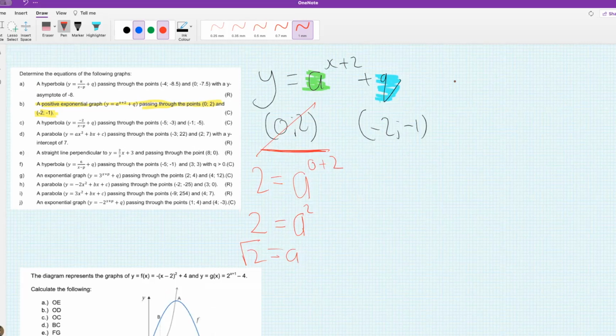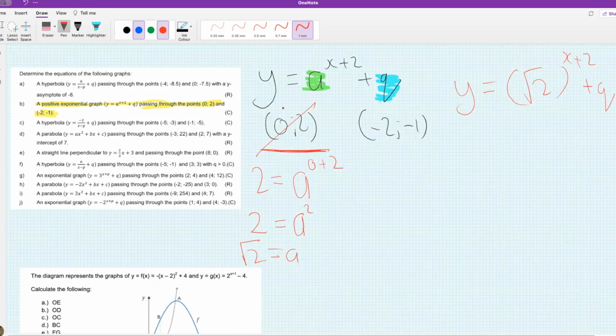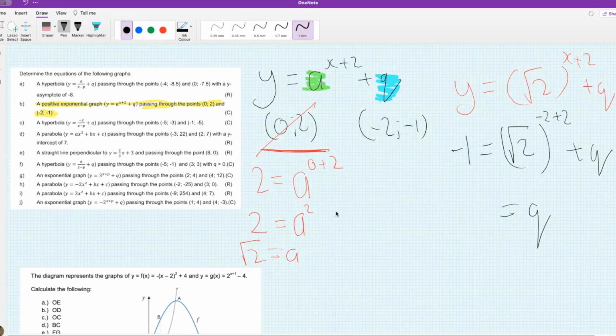So what I'm going to do is take this, so that was square root 2, and sub the other point in. Now the other point, -1 was y, this was square root 2, this is going to be -2 plus 2, plus q. What is my q value going to be equal to if I use what's above here?